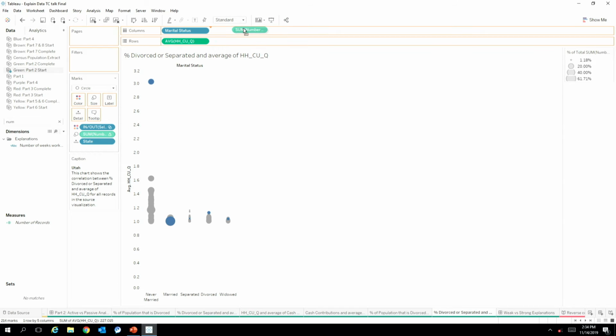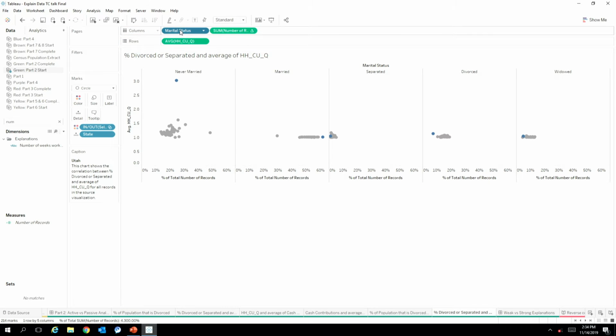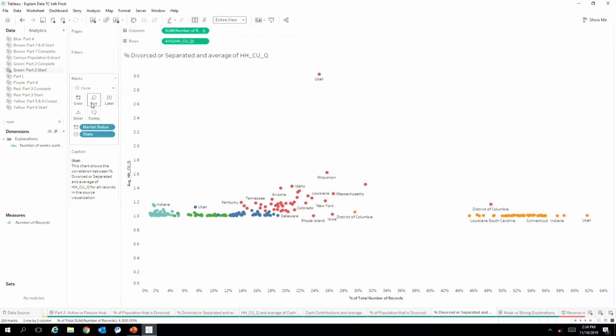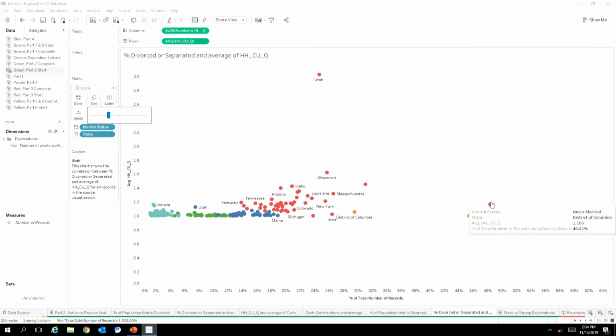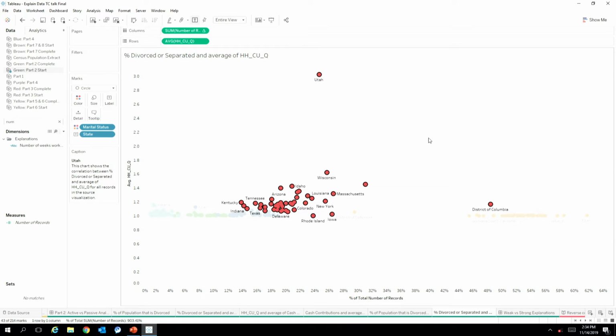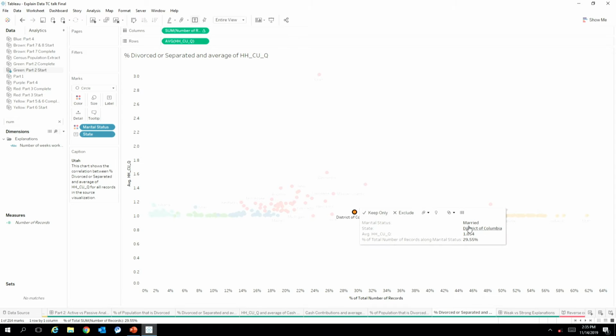And so if we were to look at this visualization perhaps in this way, now we can see other interesting things about this, namely that if we look at the District of Columbia, a very, very high proportion of the District of Columbia is never married, whereas in all other states it's a much lower population, while DC has very few married people, and the rest of the states have many more married people.